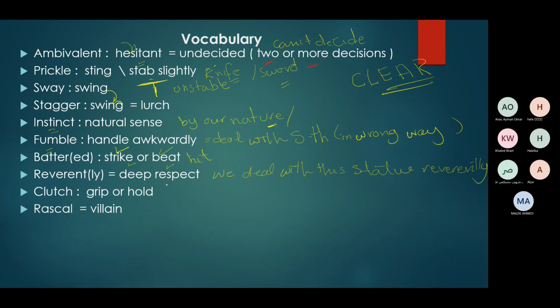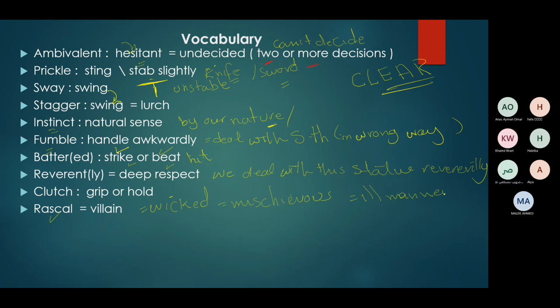Rascal is villain. If somebody is wicked or mischievous, he is described as rascal. If somebody is mischievous, it means his nature is bad. He is ill-mannered.